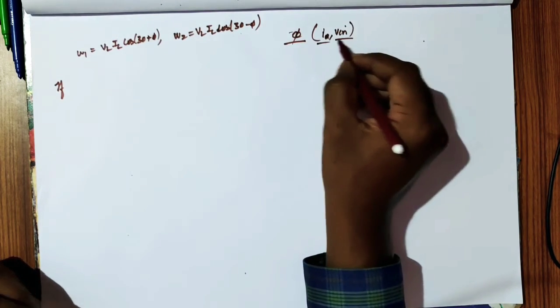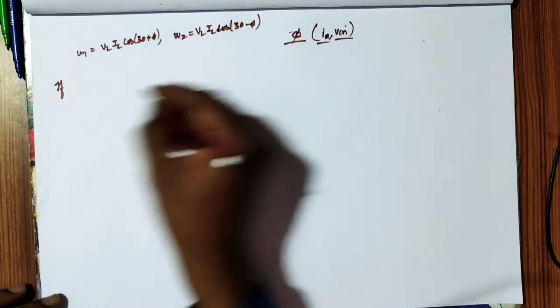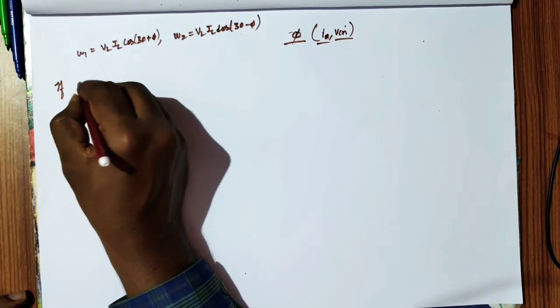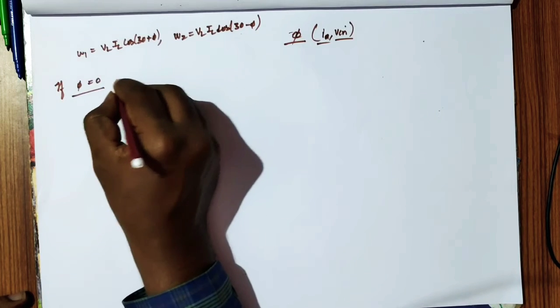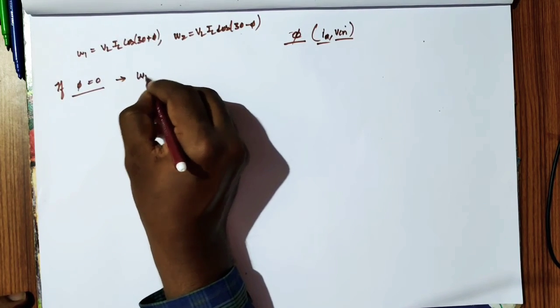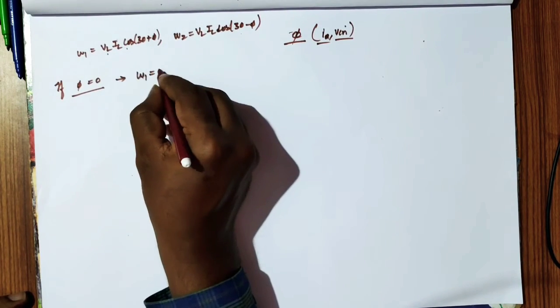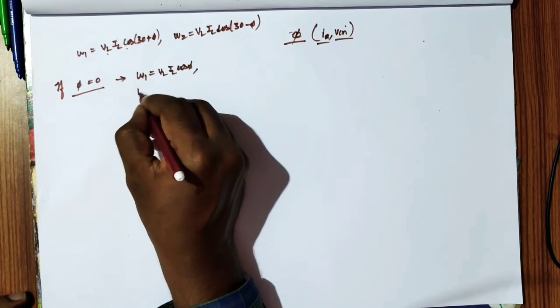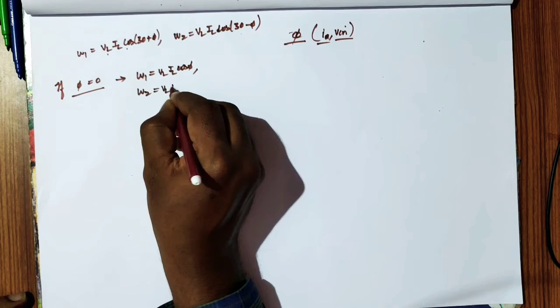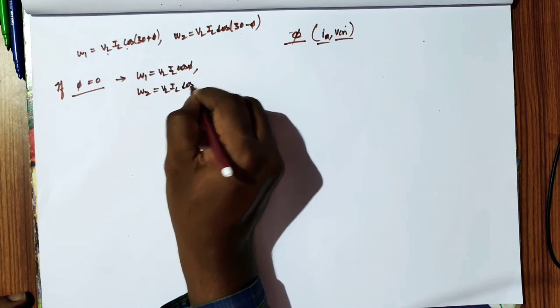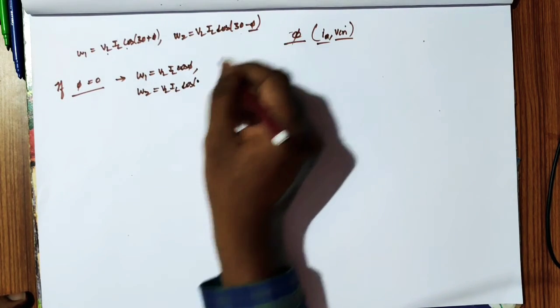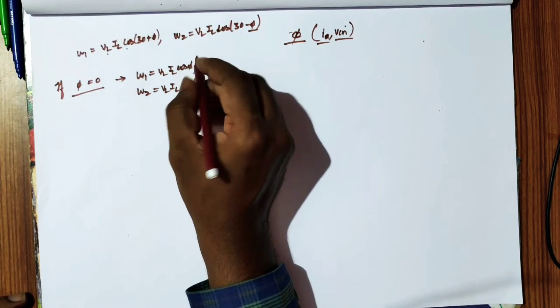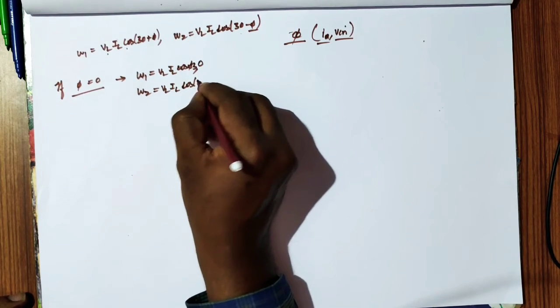If phi equals 0 degrees, then W1 equals VL IL cos 30, and W2 also equals VL IL cos 30.